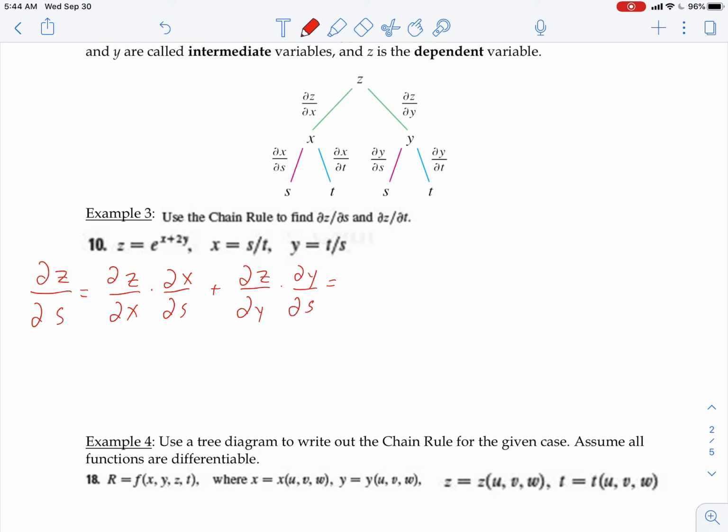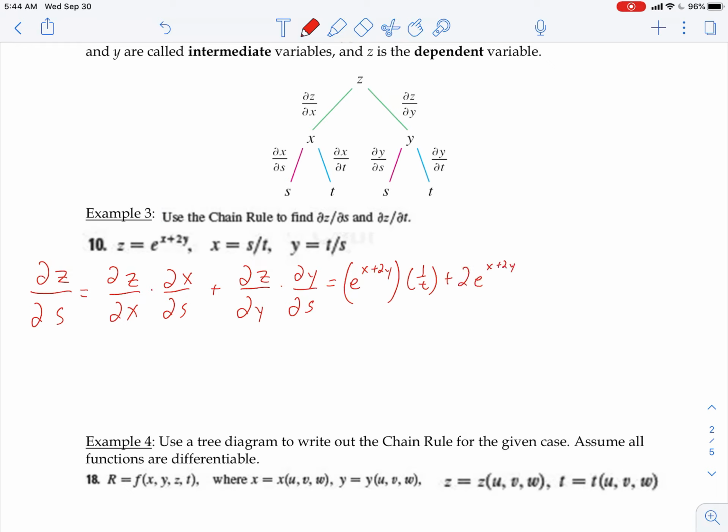So now let's take the partial of z with respect to x. The derivative of e to the x plus 2y with respect to x is just e to the x plus 2y, times our derivative of s of t, which is just 1 over t. Next, plus the derivative of z with respect to y.